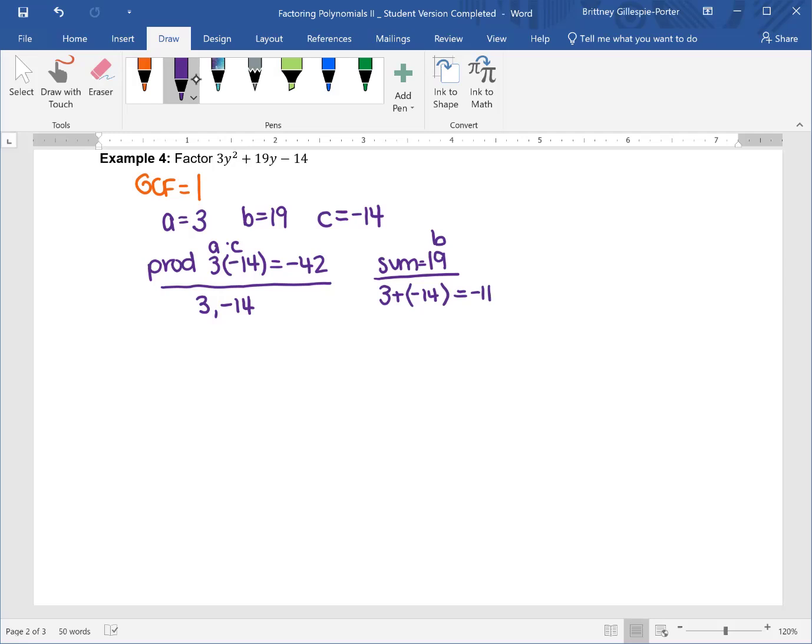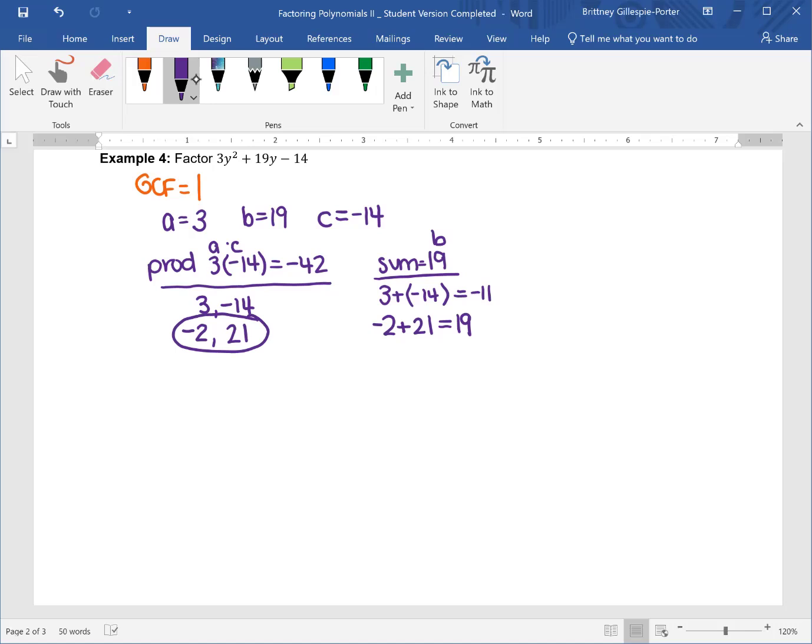Next number down from 3 is 2. 42 divided by 2 gets us a whole number. That gets us 21. Since our sum needs to be positive, I'm going to put the negative on the 2. When I add negative 2 and 21, I get the 19 for which we were looking, which means we found our magic numbers.